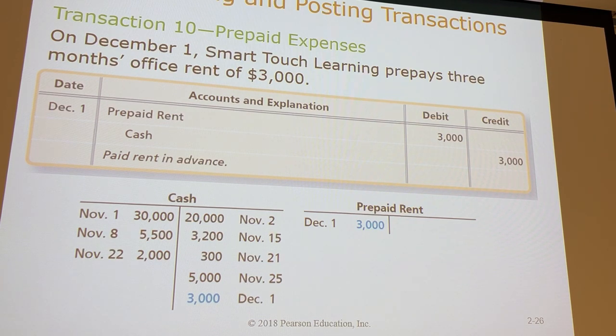Instead it's an asset. An asset is something that has economic value for you in the future, which prepaid rent does have. So this prepaid rent would go on your balance sheet as an asset. So to show the asset account called prepaid rent going up, we would debit that account for $3,000. And to show cash going down, we would credit cash $3,000. And then we would post to the T accounts.